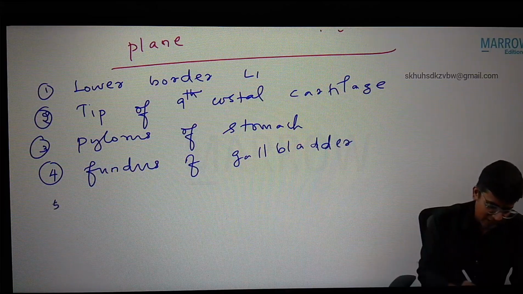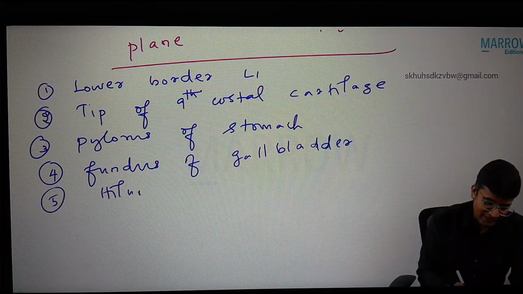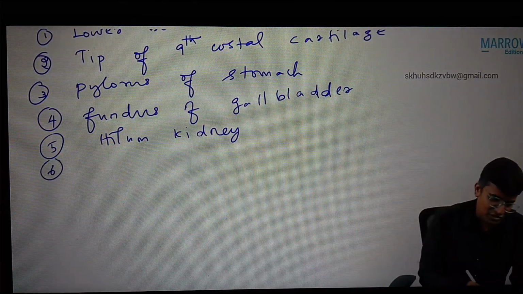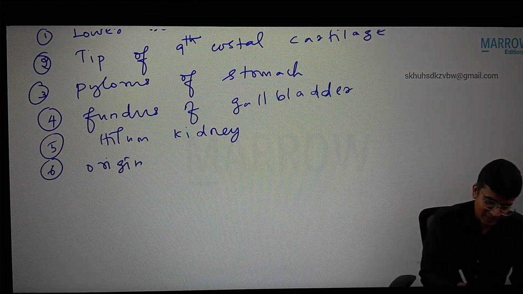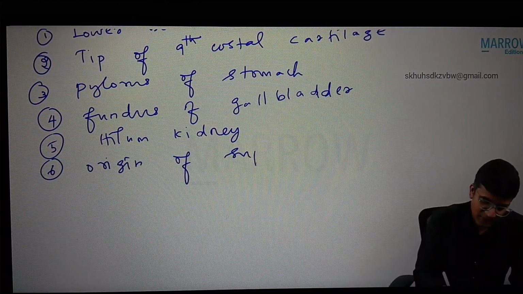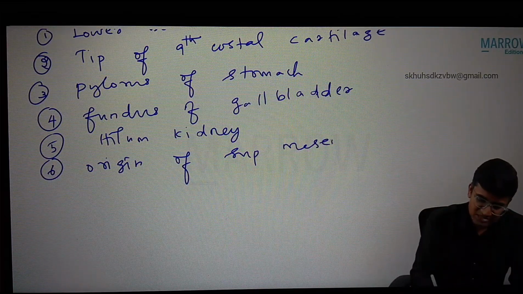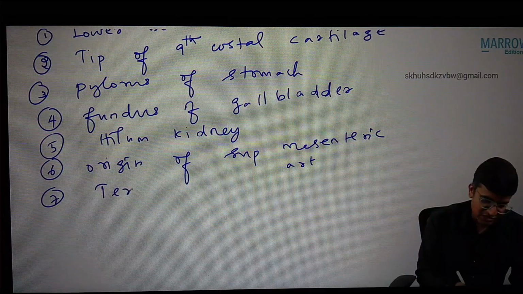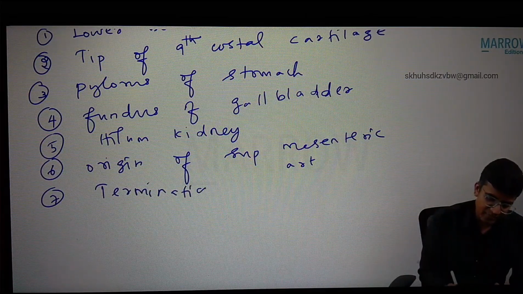Then hilum of the kidney. Origin of superior mesenteric artery, and termination of spinal cord in the adult.